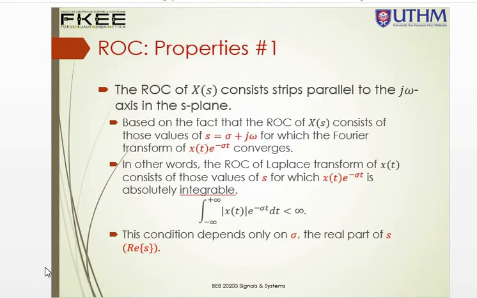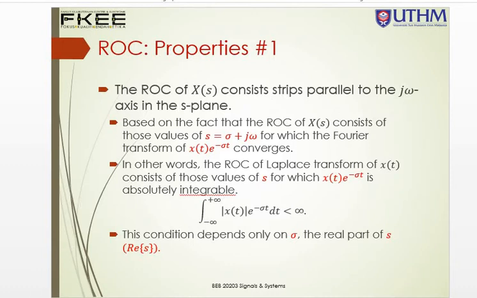For the ROC, we need to sketch the ROC, the region of convergence. There are a few properties to determine which part is the ROC. Property 1 says that the ROC of X(s) consists of strips parallel to the j omega axis in the s-plane. j omega is the y-axis.